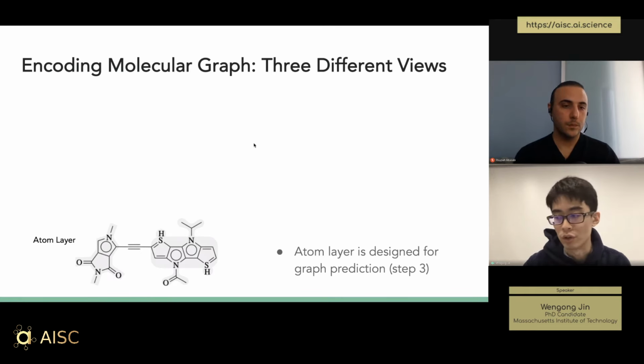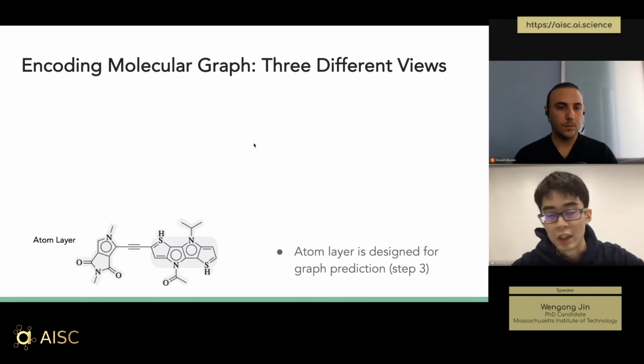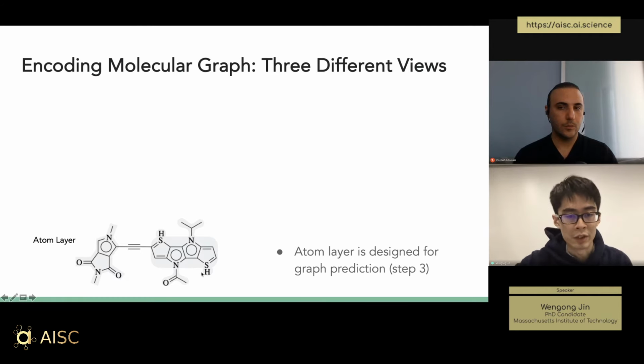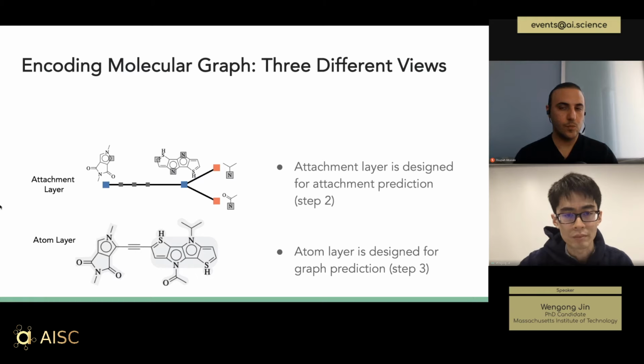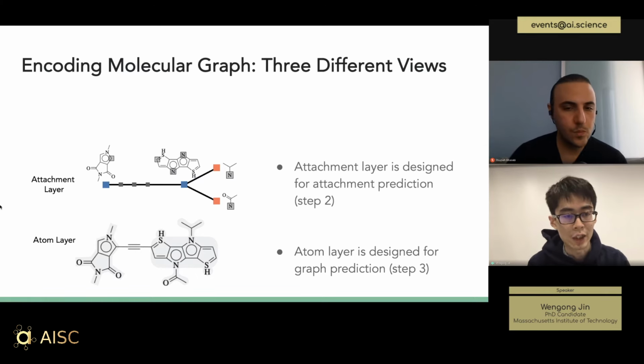Each layer corresponds to each of the three prediction steps in the decoding process. So here, the first layer is this atom layer. It's basically the same as the molecular graph of the molecule. It is designed for the graph prediction step because it involves how to merge different graphs together, and it will definitely need this fine-grained atom-level connectivity. The second layer is this attachment layer. It is designed for the attachment prediction step that I just mentioned.